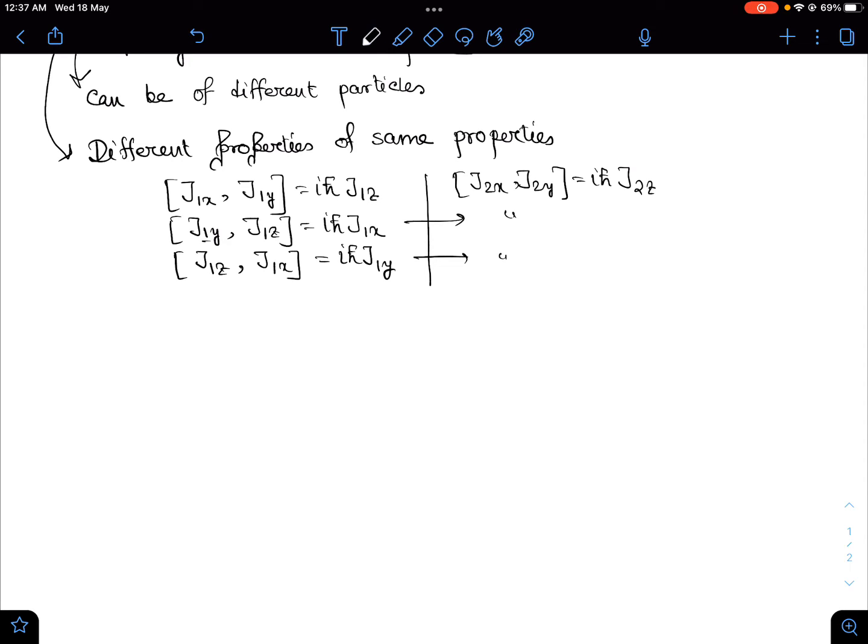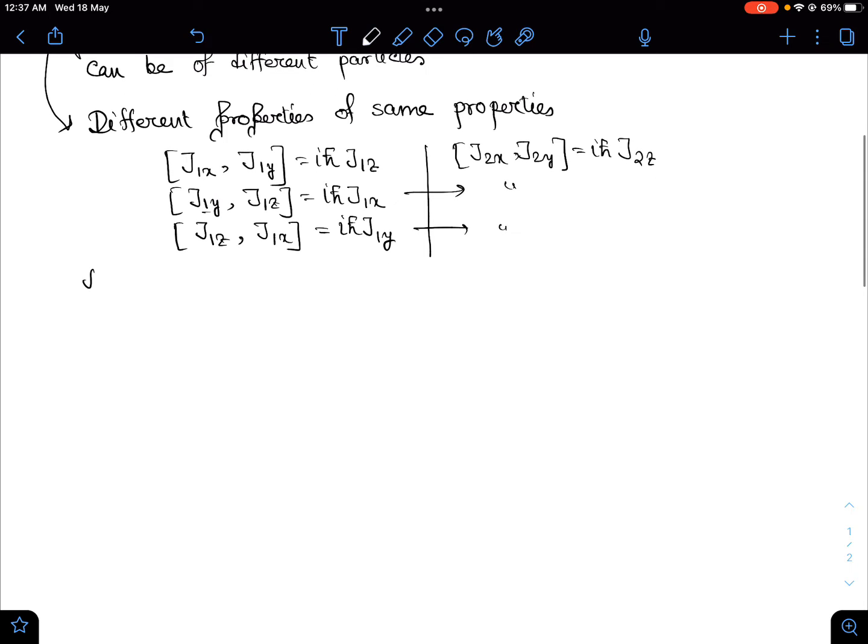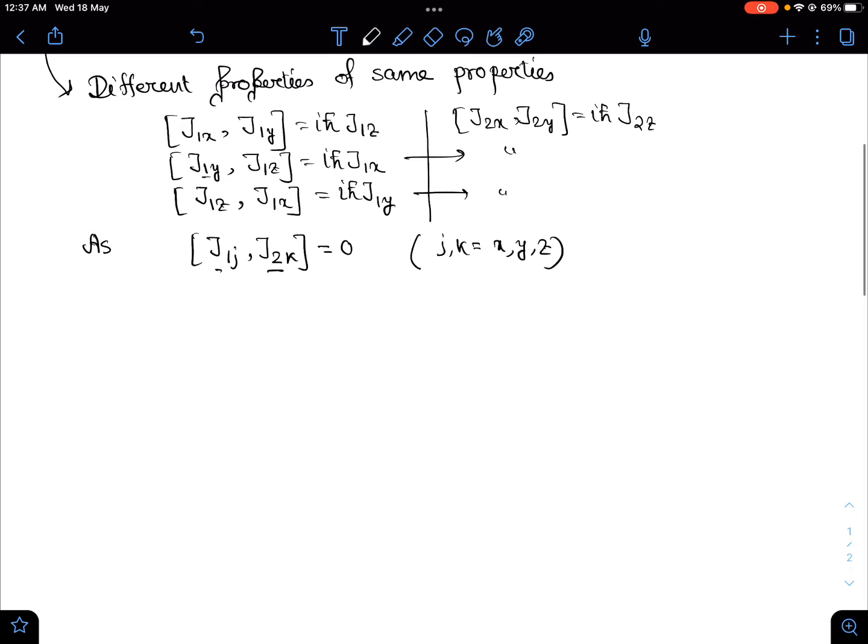These are the commutation relations of different components of J1 and J2. As J1 and J2 belong to different subspaces, their components must also commute. That means we can write [J1j, J2k] = 0, where j and k can be any of x, y, z. That means the components of angular momentum of two different subspaces must commute.